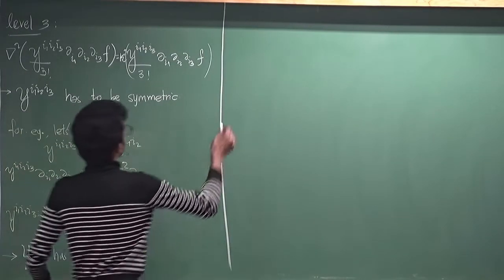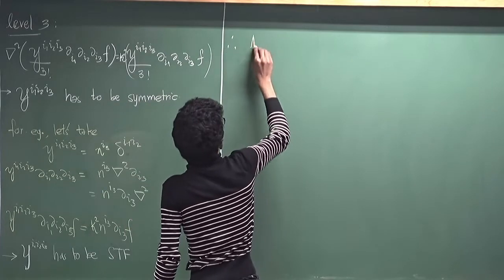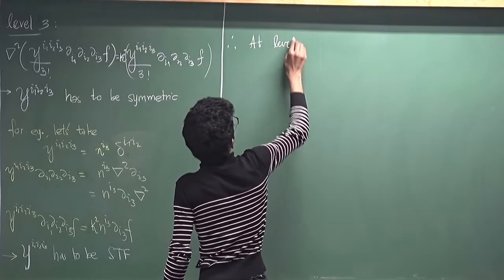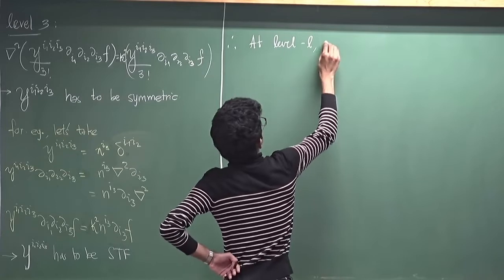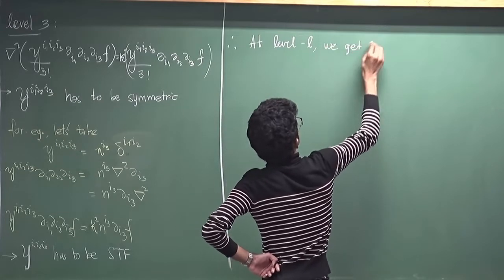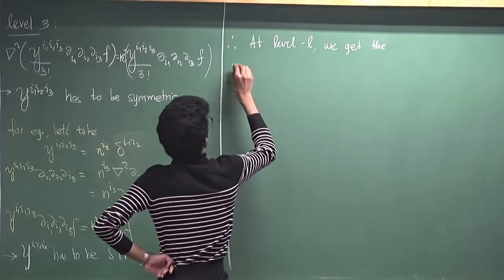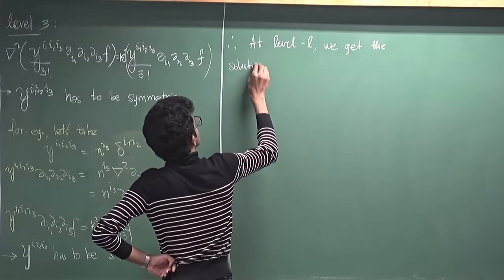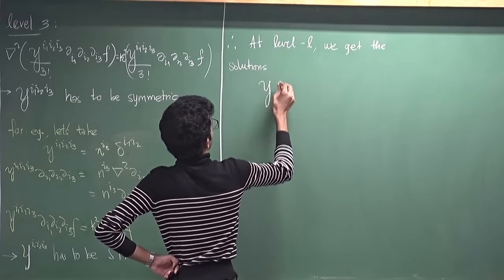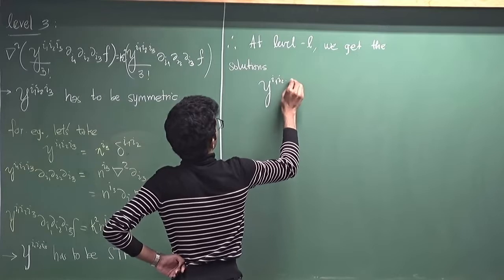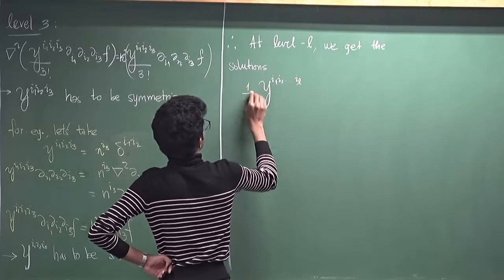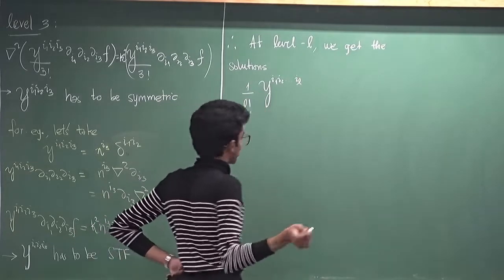Therefore, at level L, we get the solution for solutions y I1, I2, all the way up till IL. I will normalize it by an L factorial. If you don't want it, don't keep it.